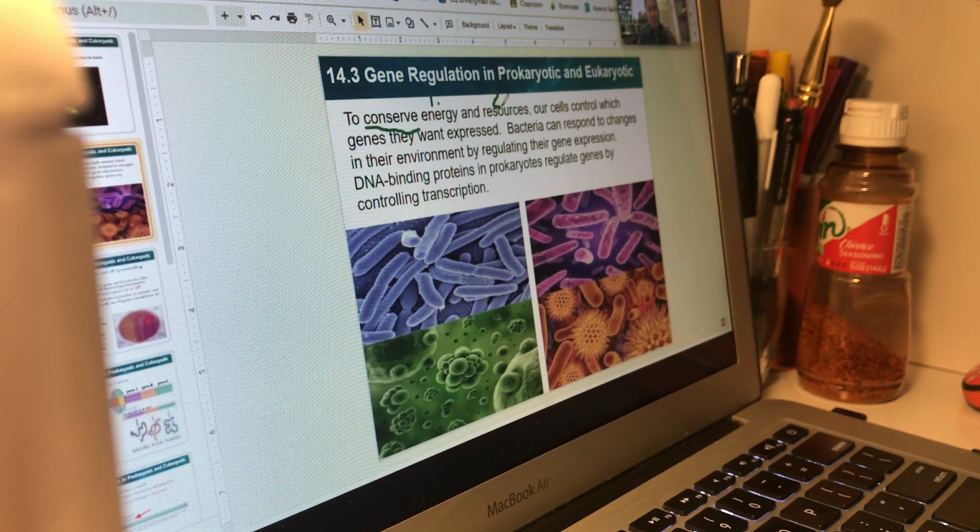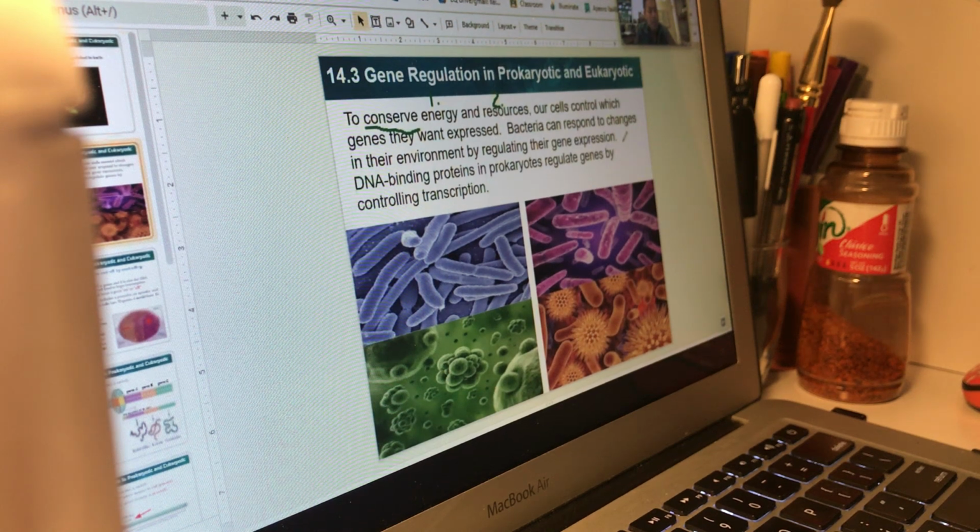You don't want to waste supplies that are needed to make a gene, to make a protein, right? The purpose of a gene is to make a protein, some kind of protein. And so cells in general, they want to conserve energy and resources for other stuff that is needed at that moment. So what our cells do is they regulate gene expression.